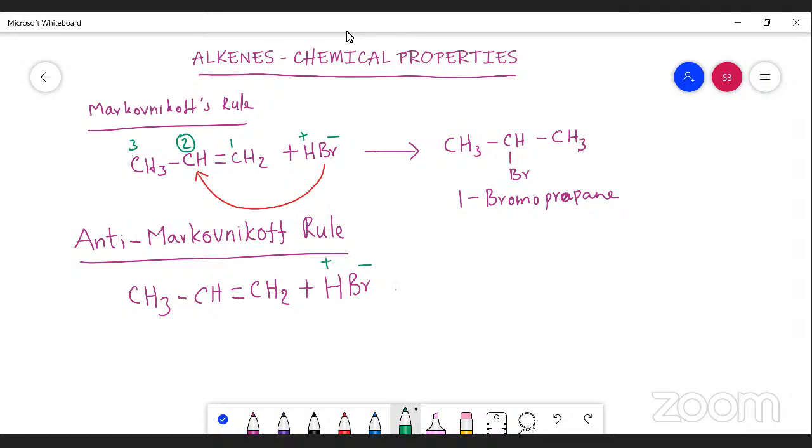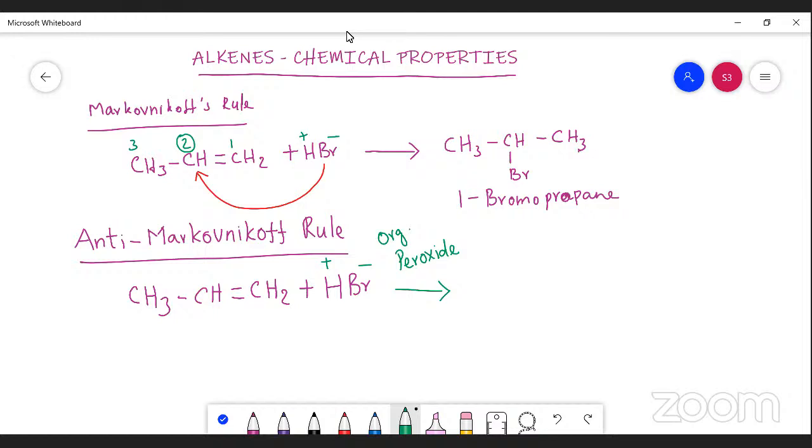Now, in the presence of peroxide, generally we are using organic peroxide. In the presence of organic peroxide, what will happen?